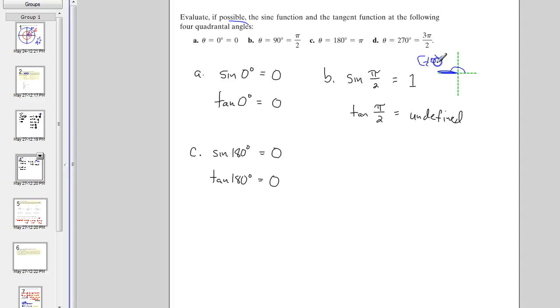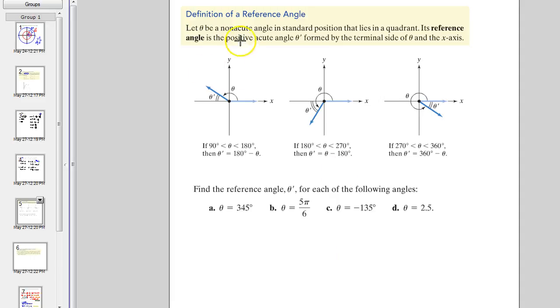So that's not a very good picture, but the sine is the y-coordinate, so we're back to 0, right? Tangent is the slope, that's a horizontal line again, so we're back to 0. And then finally, 3 pi over 2, that's the negative y-axis. So down here, the y-coordinate is going to be -1, and then it's going to be vertical again, so it's undefined.